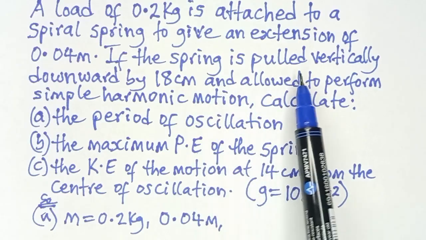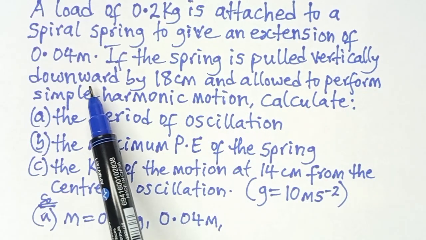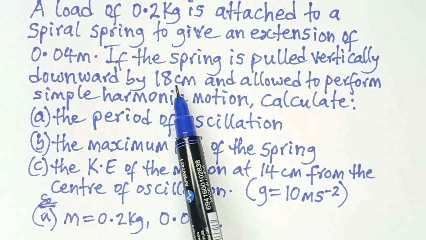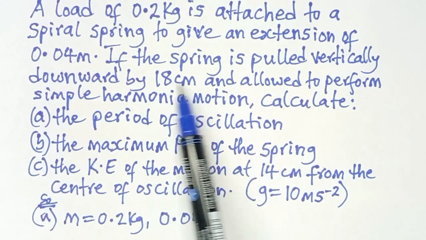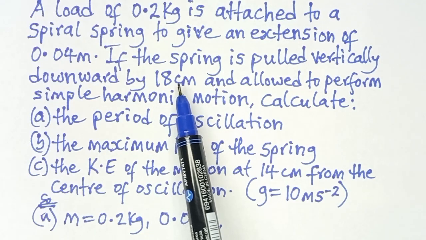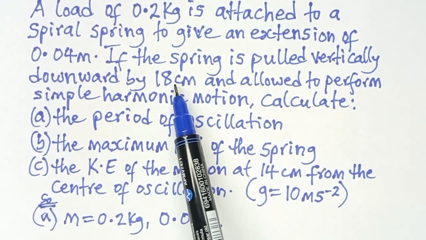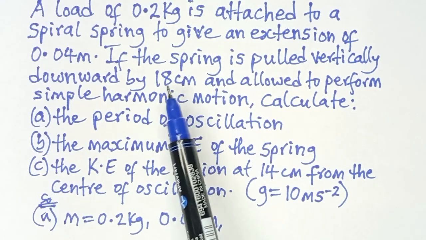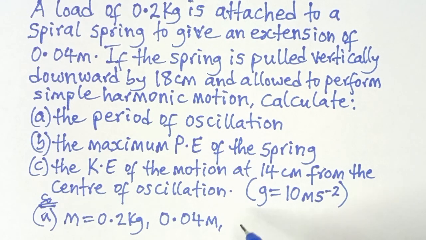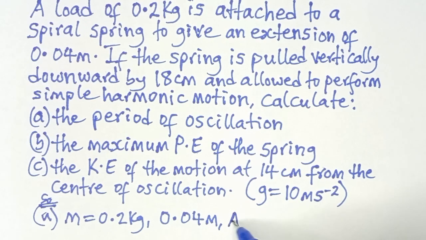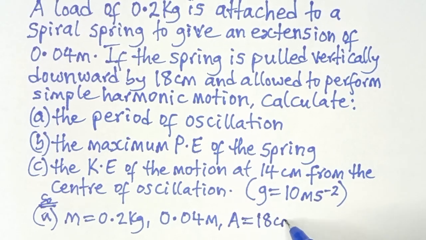We are given the vertical distance it is pulled before it starts the oscillatory motion. That means the amplitude. Any vertical distance it is pulled down before it starts the oscillatory motion is the amplitude of the motion. So that is capital letter A for amplitude, and that is 18 centimeter.